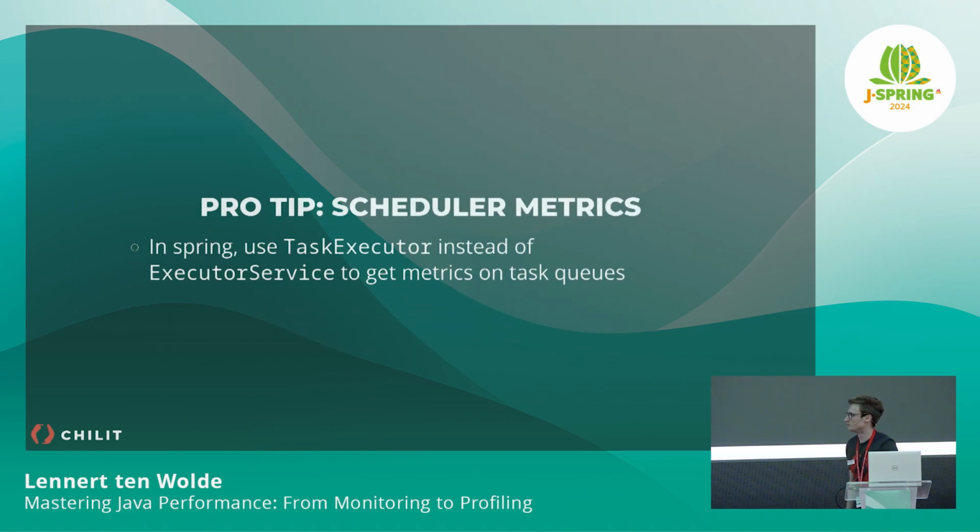So pro tip, if you do want to schedule tasks yourself outside of the context of receiving an HTTP request, you can use task executor instead of executor service. It's an old legacy thing in Spring, but a nice advantage of using that is that it has automated metrics as well. So if you use task executor to execute your own task that you want to run on a different thread, then metrics will automatically be published that allow you to see how many tasks are scheduled.